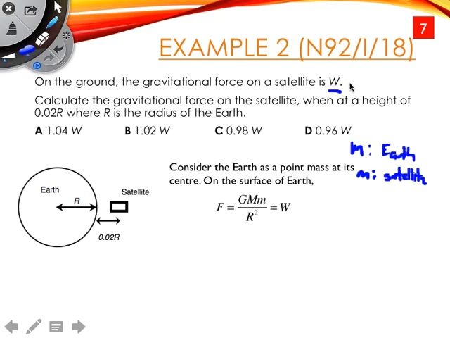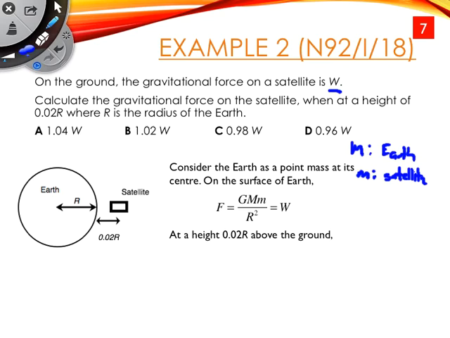Now you go higher. Which part of the equation will change? Will your capital M and small m change? No. Which one will change? R. Your new R is what now? 1.02 R, right? Let's check.